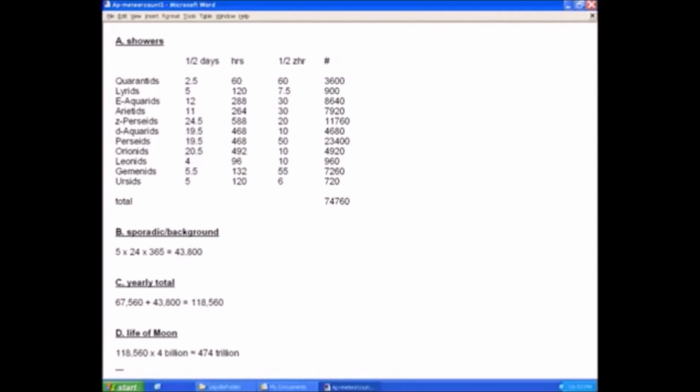This is a post-production editorial note. I made a couple of mistakes in my calculations in the original video. So now this number is different, this number is different, and this number is slightly larger. The yearly total for the meteorites from the meteor showers. More significantly, I skipped trillions and went straight to quadrillions for some strange reason, which I could explain, but you don't want to hear my excuses.